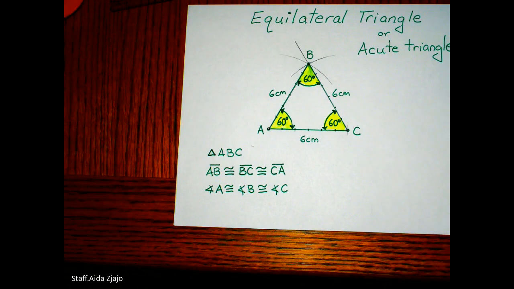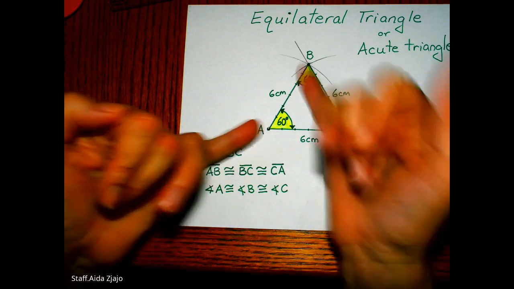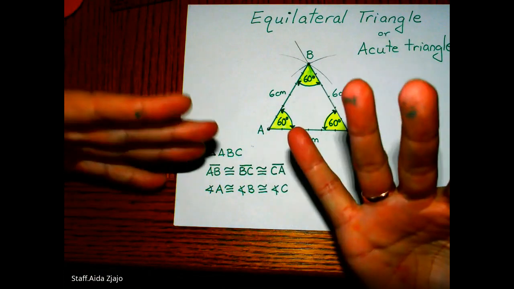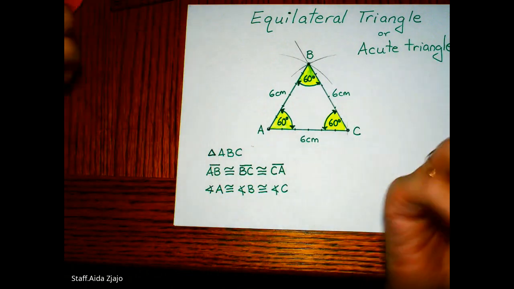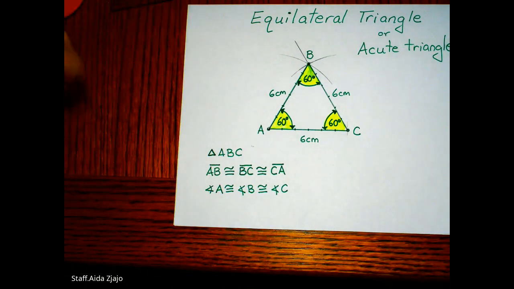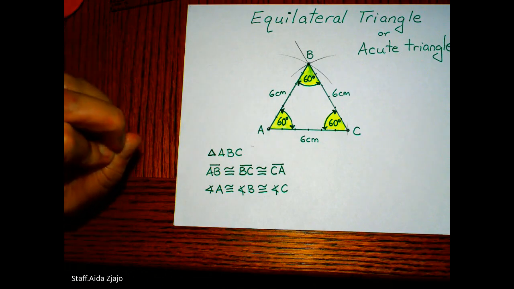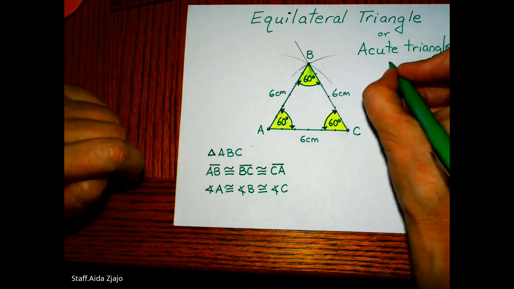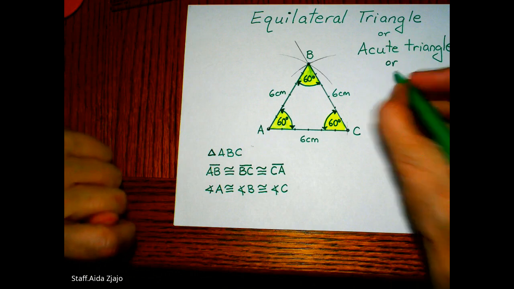Another way to see this, it also can be an isosceles triangle, because by definition, an isosceles triangle has at least two sides congruent. In this case, we have all three sides congruent, but to be an isosceles triangle, you need at least two sides congruent. So this also can be called an isosceles triangle.